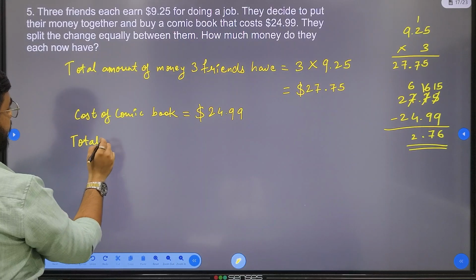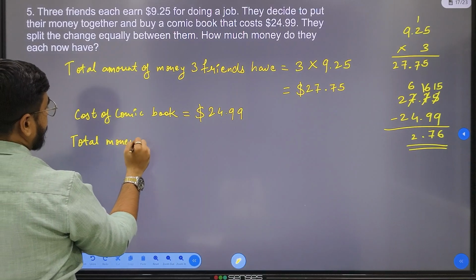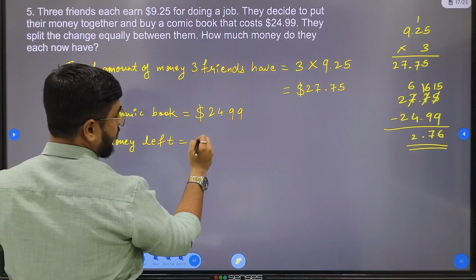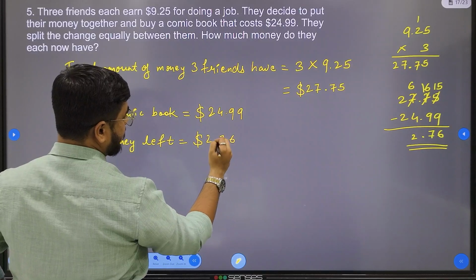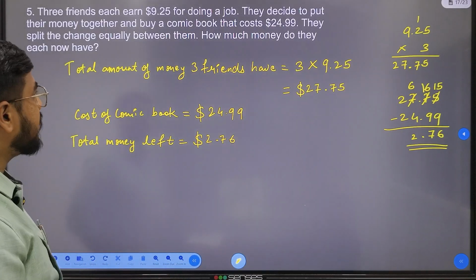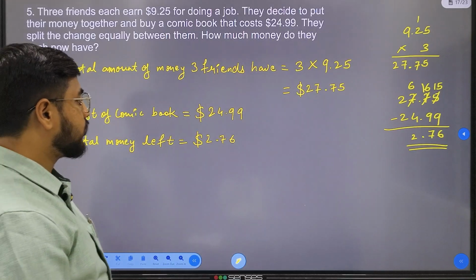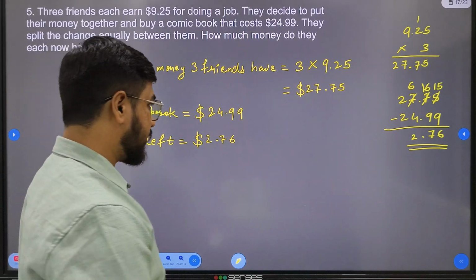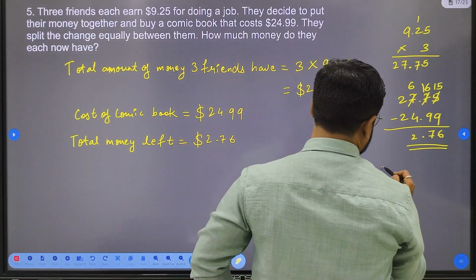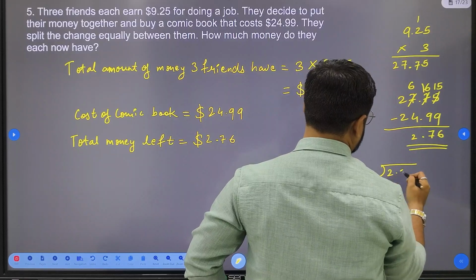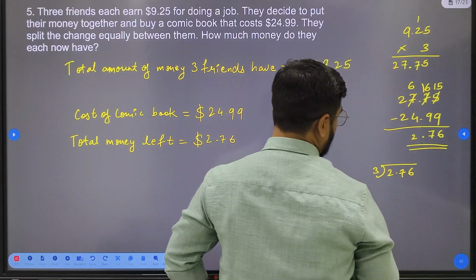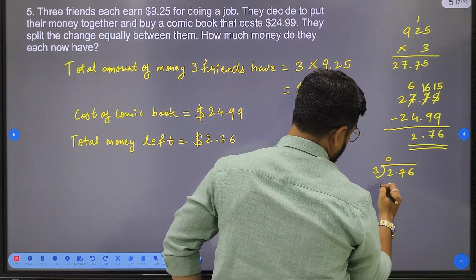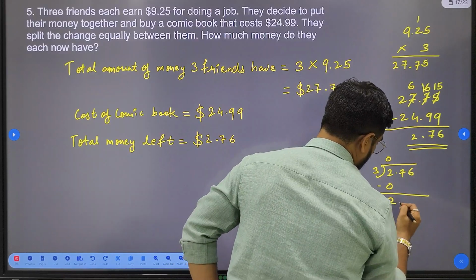Total money left is equal to $2.76. Now they will split this whole amount of money remaining in 3 parts because there are 3 friends. So let's divide it. 2.76 divided by 3. 3 cannot divide 2, so we'll take 3 into 0, 0. 2 minus 0 is 2.